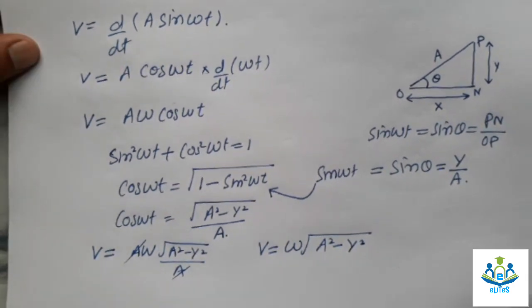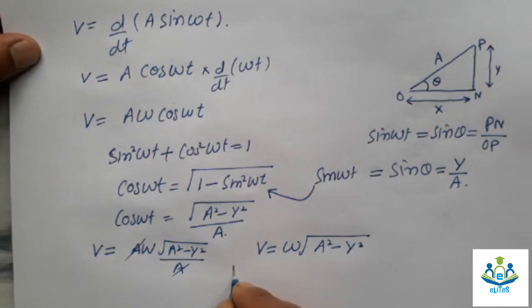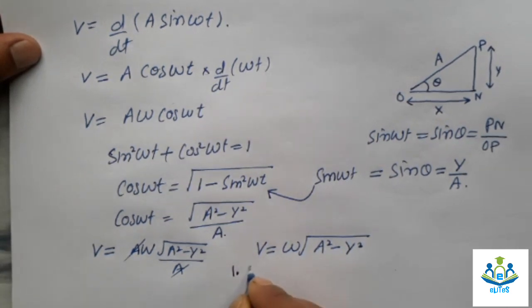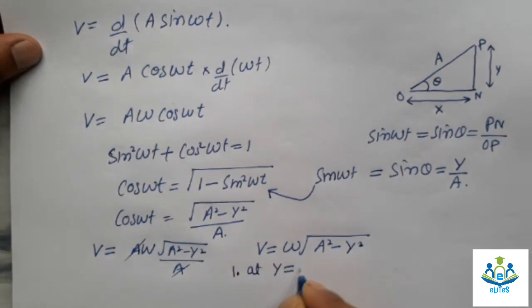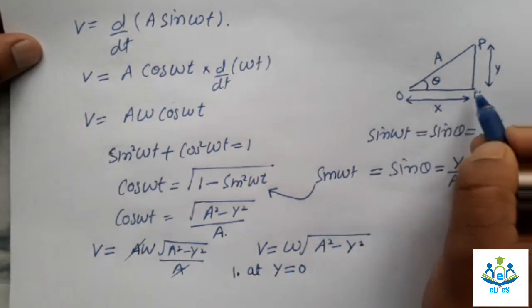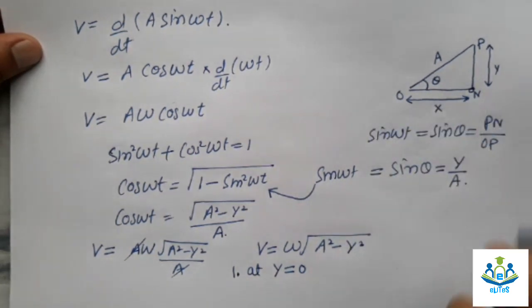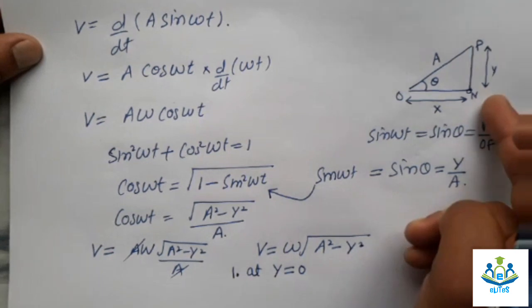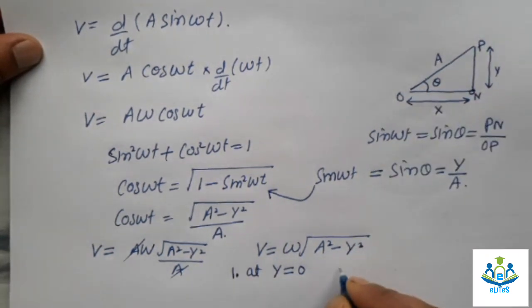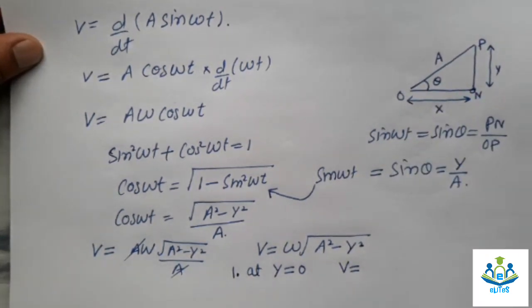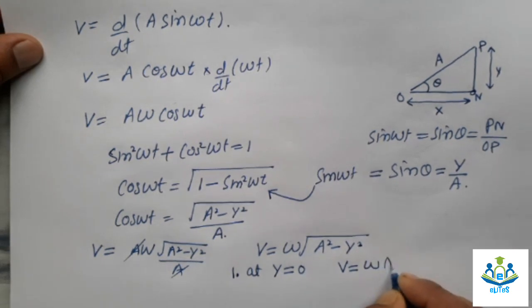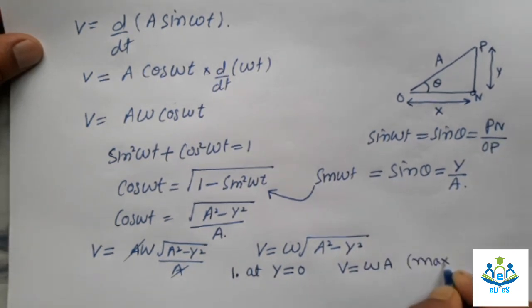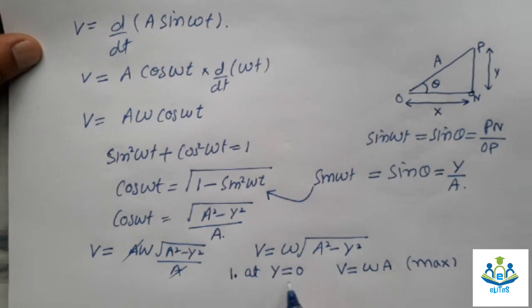Now we have two different cases. Case one: at y equal to 0, that is when the particle is on the x-axis and the shadow is at O, v is equal to omega times a, which is maximum. So the velocity is maximum at the origin when the particle is executing simple harmonic motion.